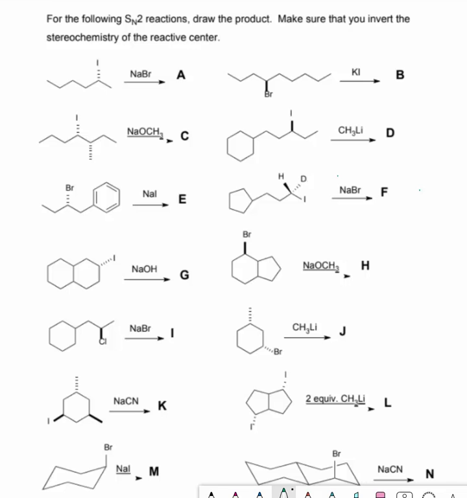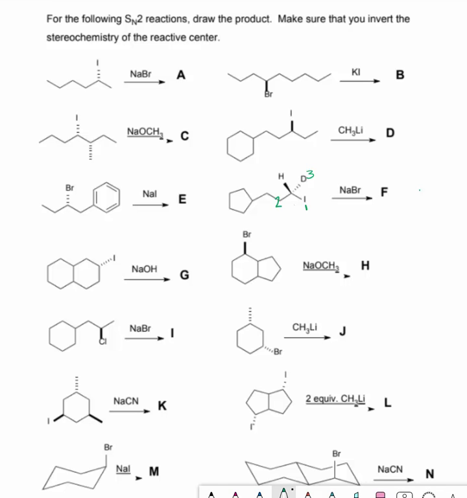So we identify the nucleophile first, which is going to be a charged bromine, because we have a sodium here, and we're going to come in and pop this off. Now, when we do that, though, we do have to invert our stereochemistry. So this might be a little bit awkward. Let's give this a go. So the iodine gets a 1, this side of the molecule gets a 2.